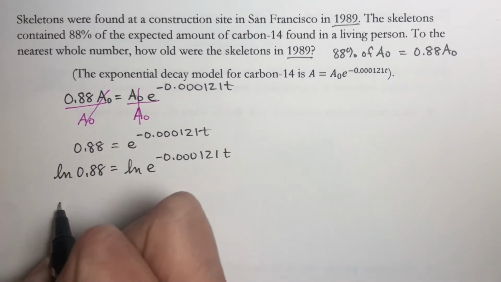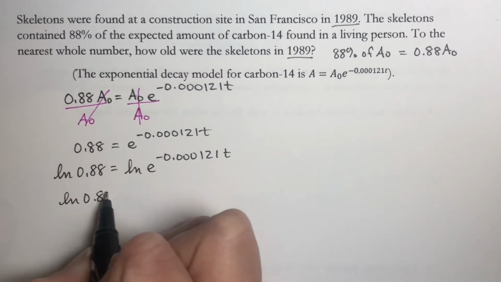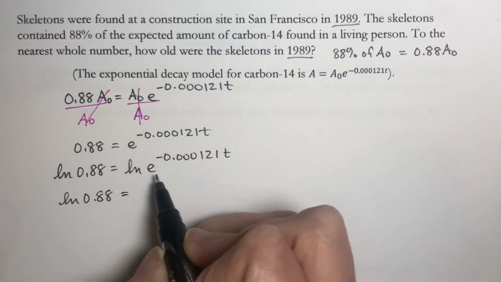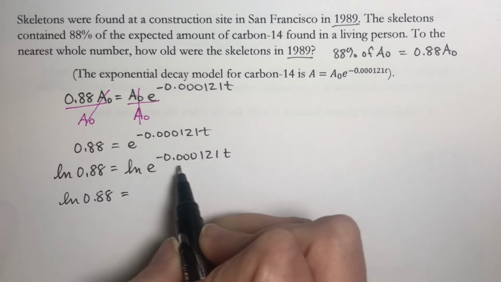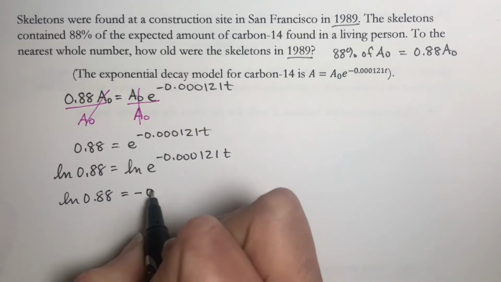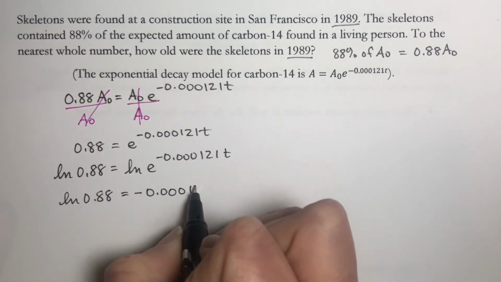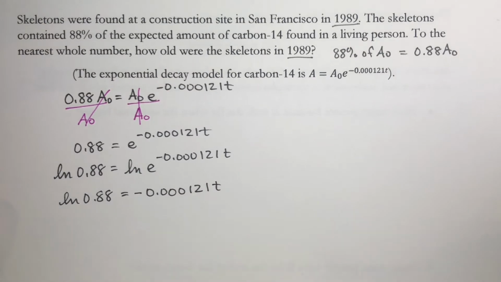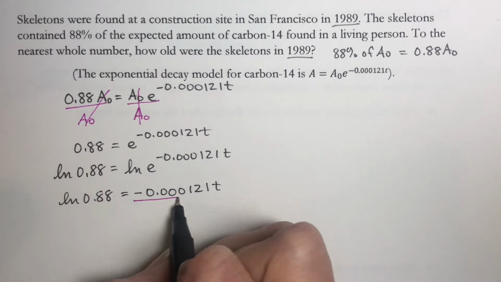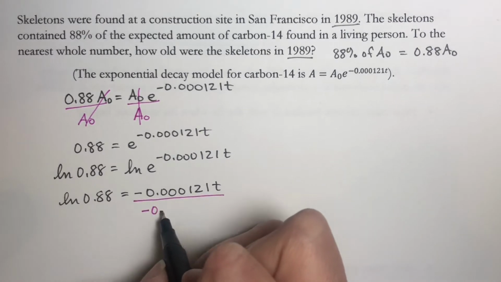The natural log and the e undo each other, so it's equal to just the exponent. Now we should divide both sides by this decimal.